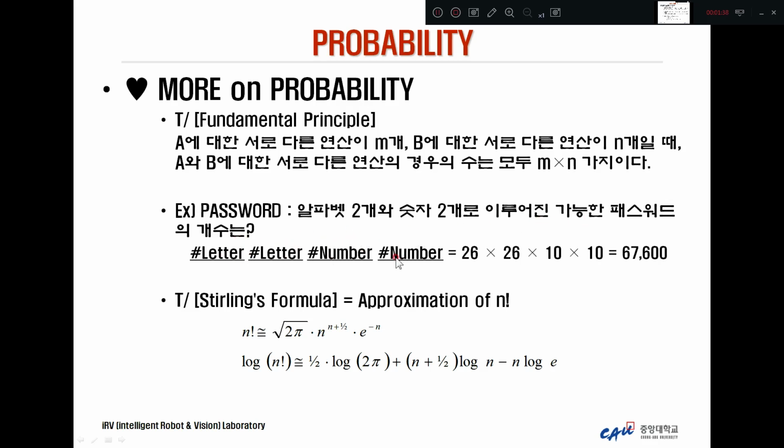The total number of alphabet is 26, and the number between 0 and 9 is 10. So we have 26 alphabets, 10 numbers, and 10 numbers. You multiply all together, and that comes up with 67,600. And this multiplication is based on the concept of this fundamental principle.